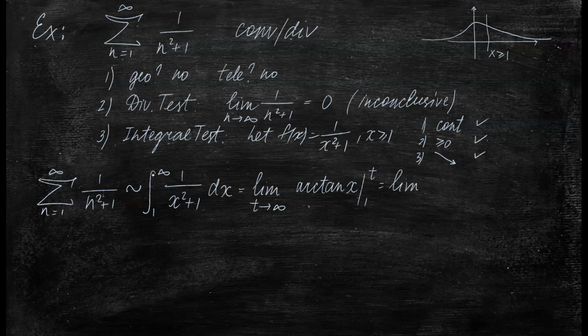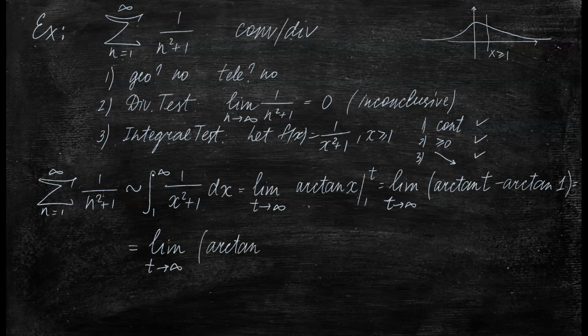So limit as t goes to infinity, arctan t minus arctan 1, and we do know what arctan of 1 is. That's just pi over 4.